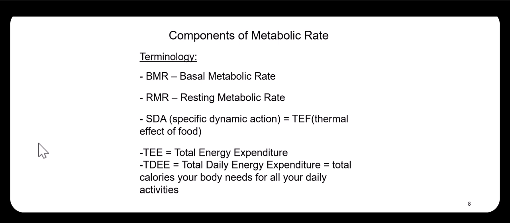So in that case, call them synonymous. We're going to talk about specific dynamic action, or the same thing, the thermal effect of food. That's your cost of processing your food. We'll also talk about total energy expenditure or total daily energy expenditure. Really the same thing, just the units expressed differently.